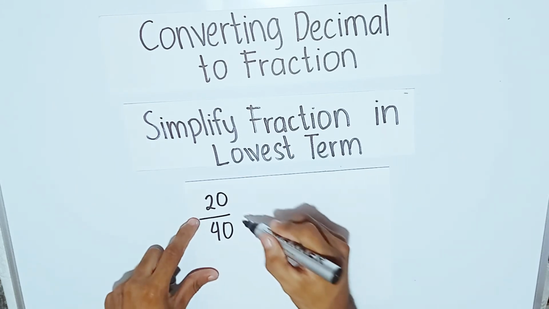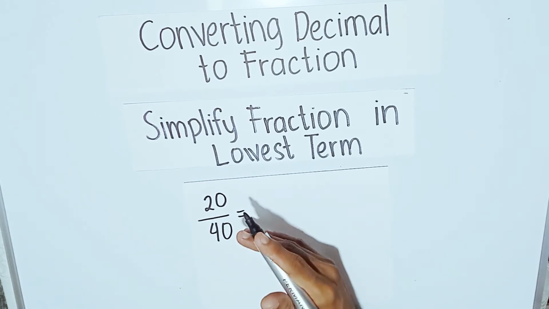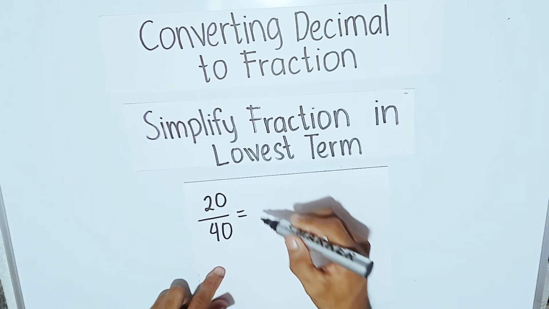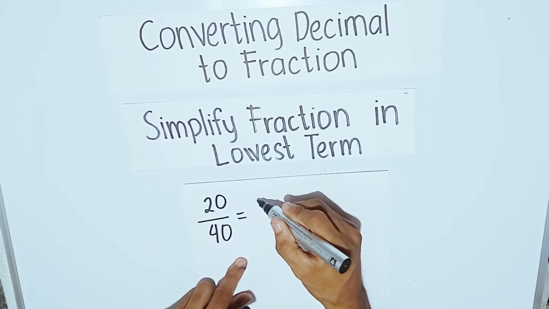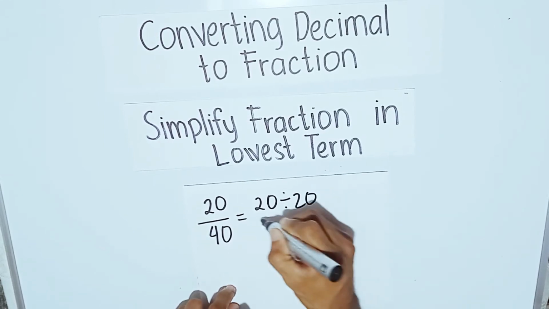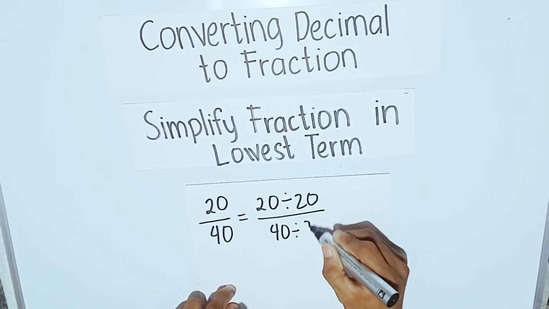Ang gagawin lang po natin is dapat we're going to divide both numerator and denominator by the number na divisible yung 20 and 40. At number na yon is pwedeng 10 at pwedeng 20. So doon na tayo sa 20, divide 20 over 40 by 20.